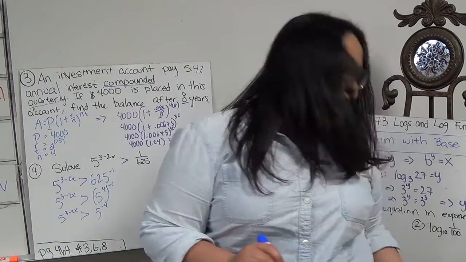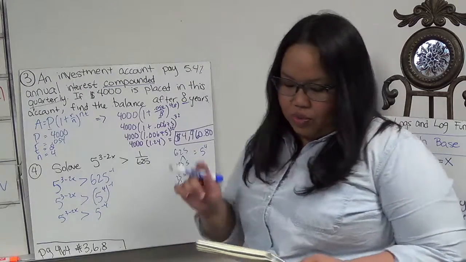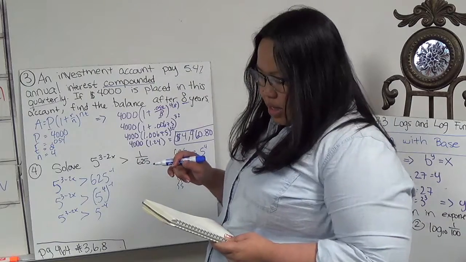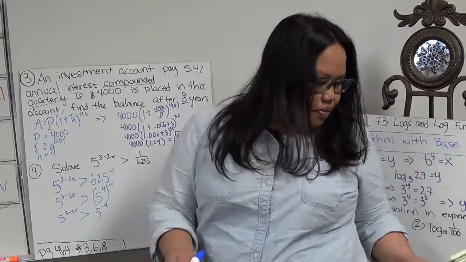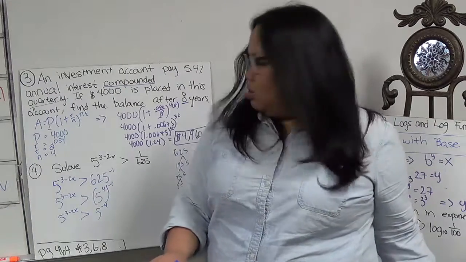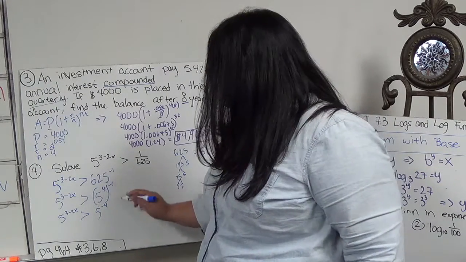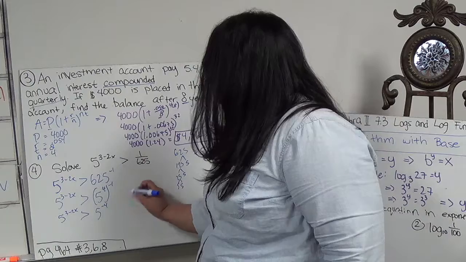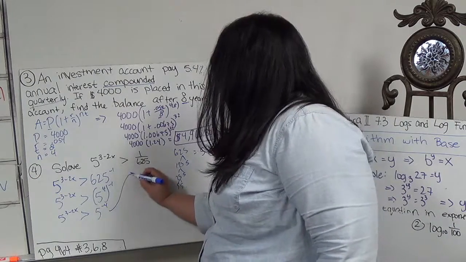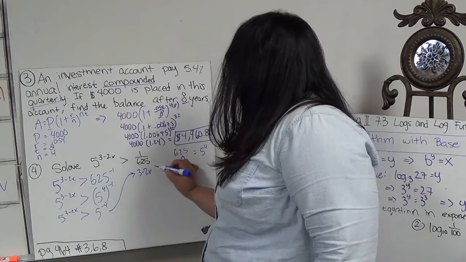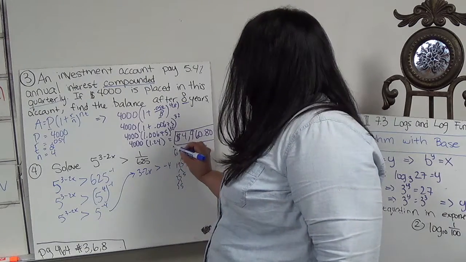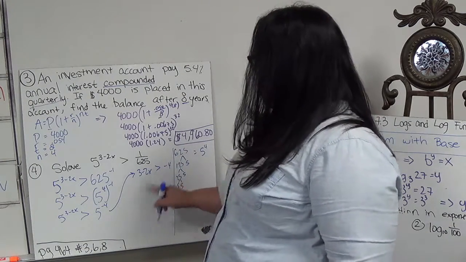I have it in my notebook here, so if you want to look at your notes, it says that if I have the same base, I can now focus on the exponents. So now I can do 3 minus 2x is greater than negative 4. And I can proceed to solving for x.